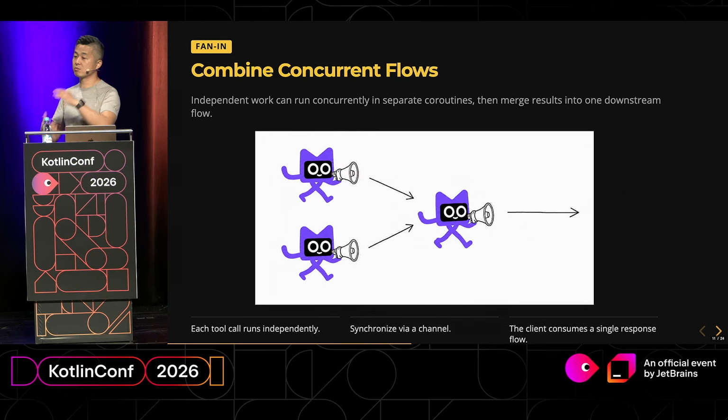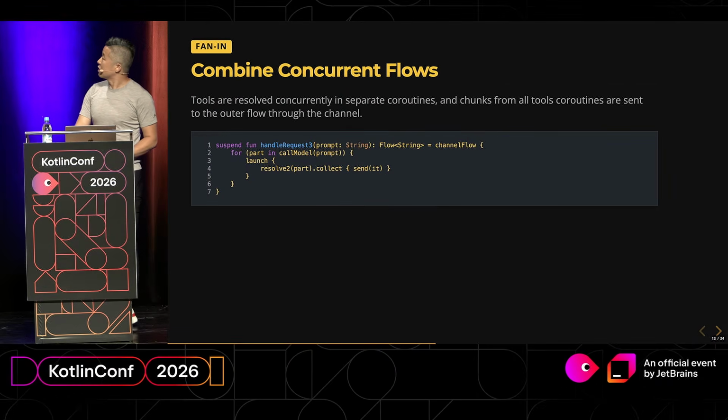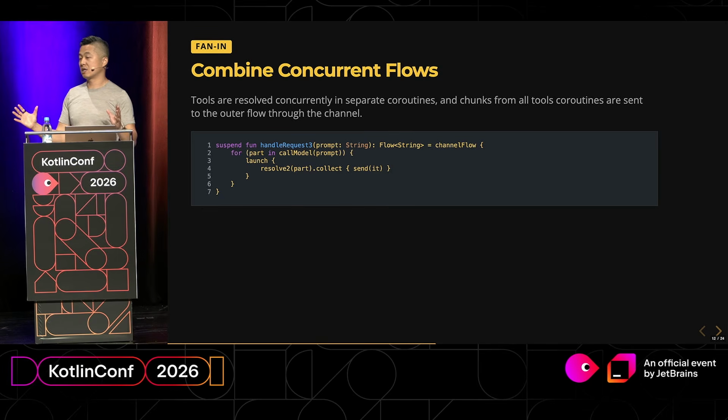So you can run multiple things concurrently and then produce just a single stream of output. Here's how we do it. In Kotlin, it's pretty straightforward as well. Remember, patterns don't have to be complicated. They can be very simple, but the point is that you recognize those patterns and try to reuse them in different ways, in different places.